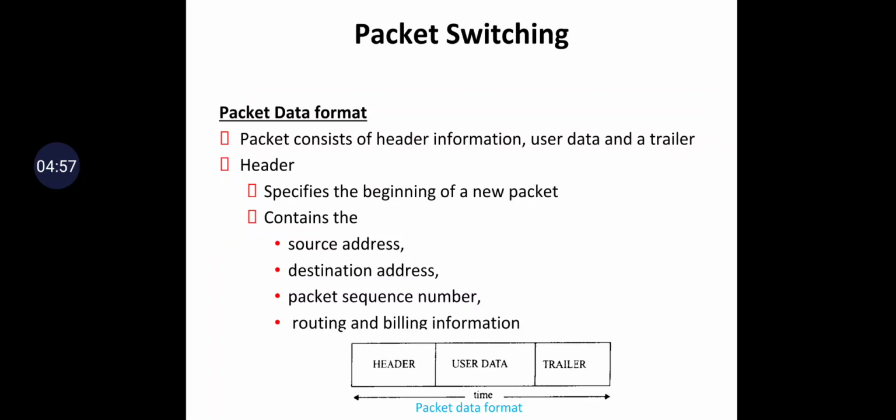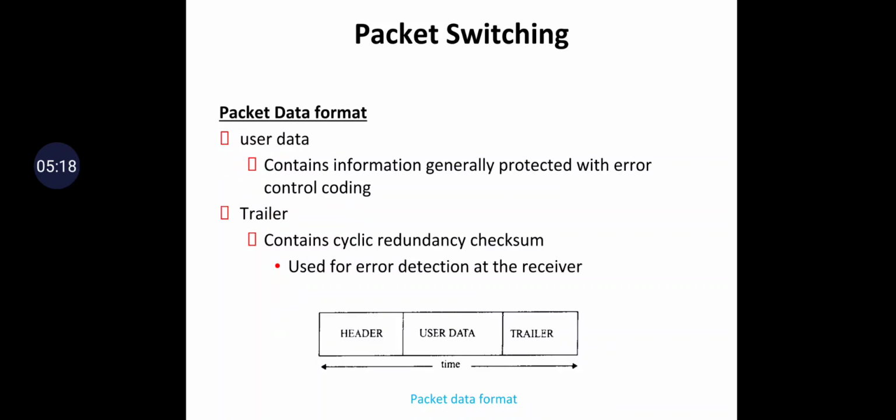Packet consists of header information, user data and a trailer. The figure is shown. Here we have header, user data and trailer. The header specifies the beginning of a new packet. It contains source address, destination address, packet sequence number, routing and billing information.